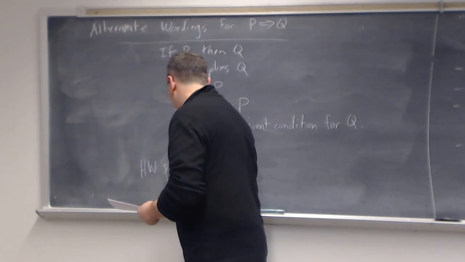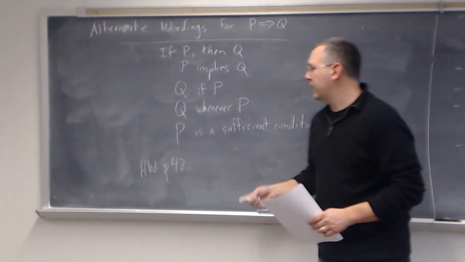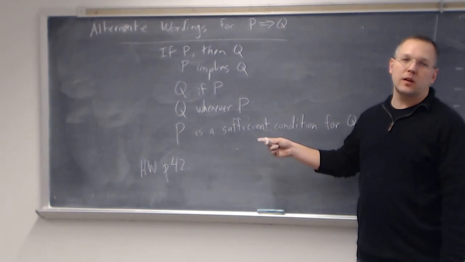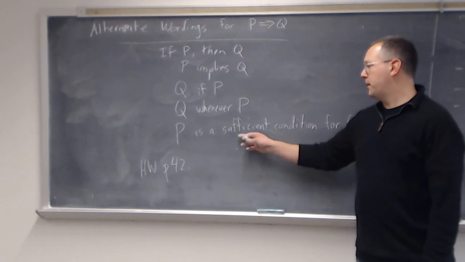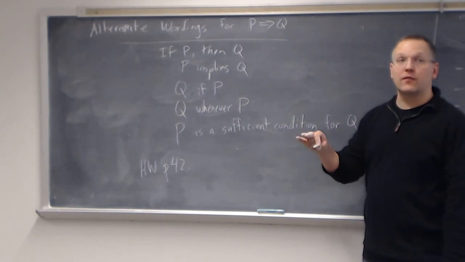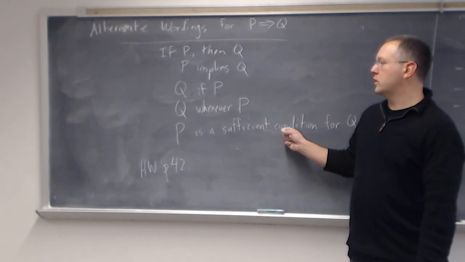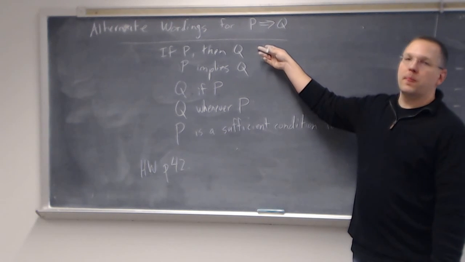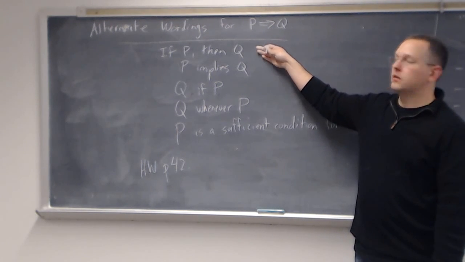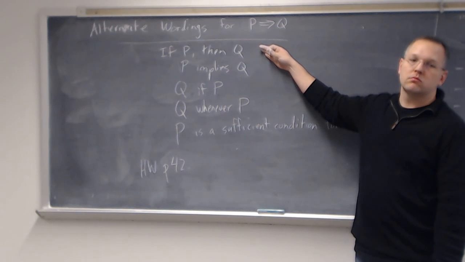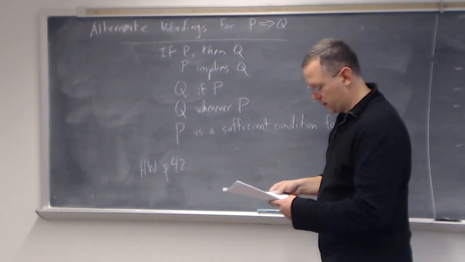It kind of makes you think about the wording here. There are going to be some sentences like P is a sufficient condition for Q, and they'll actually have words in there, and they just want you to make it the plain vanilla conditional statement, if P then Q. And those are some of the problems here.